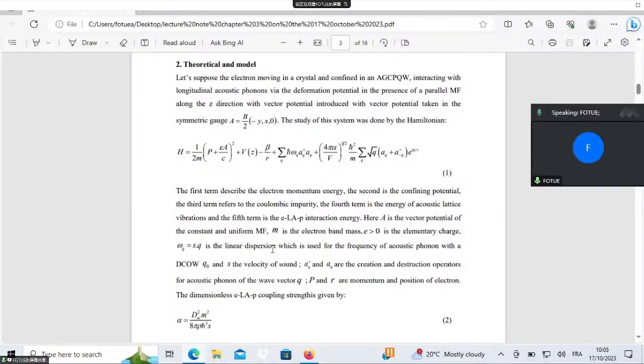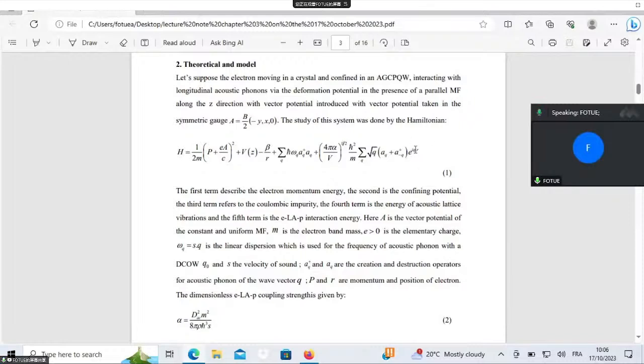And we can also say that this expression of the Hamiltonian of the system is expressed in terms of a_Q and a_minus-Q. This a_Q plus, this a plus, is the creation acoustic phonon operator, while this a_Q is the annihilation acoustic phonon operator. So we will see that this P is the momentum of the electron, and this R is related to the position of the electron.